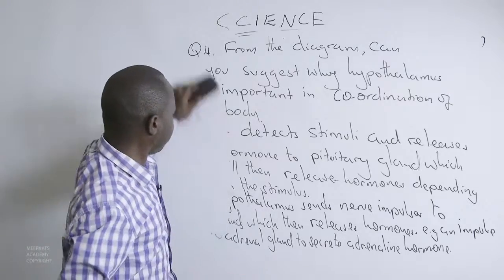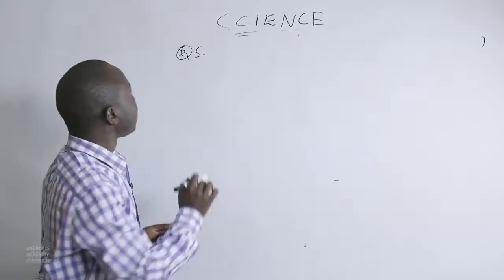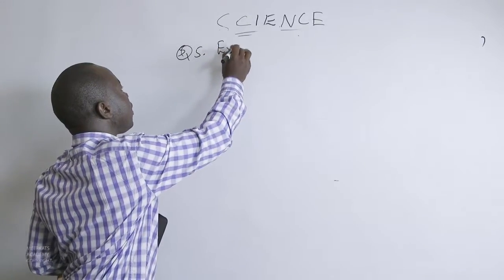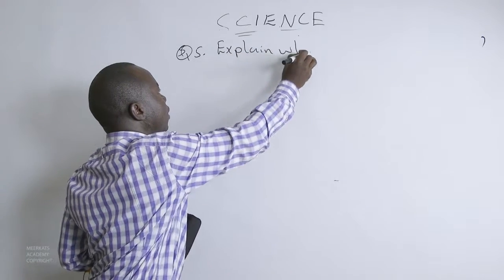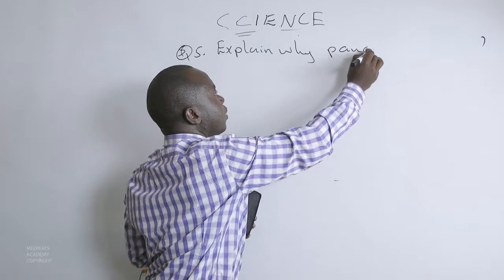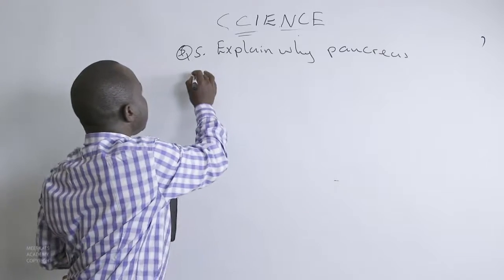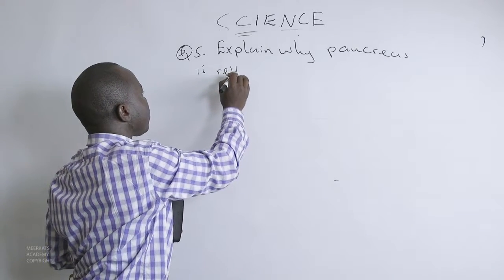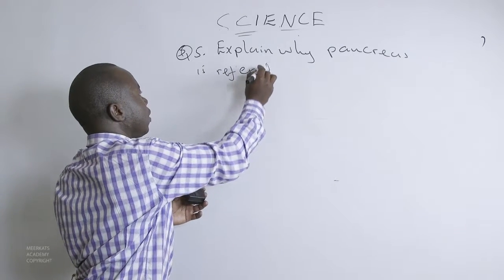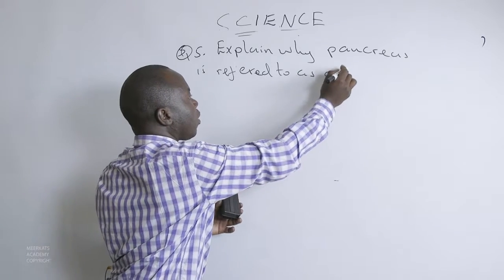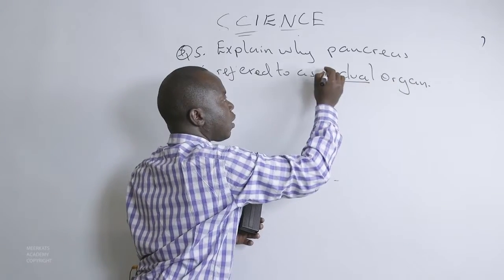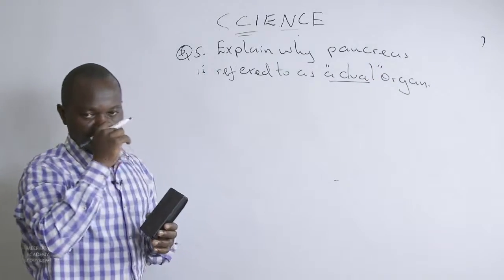The last question, question number 5. Explain why the pancreas is referred to as a dual organ.